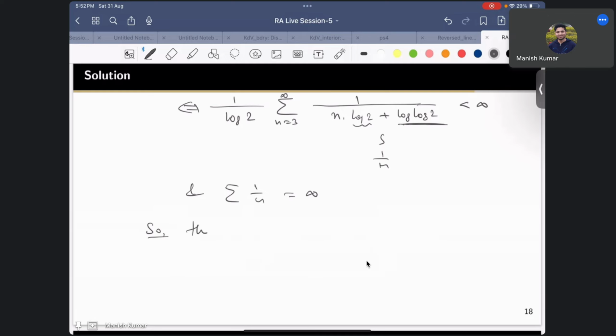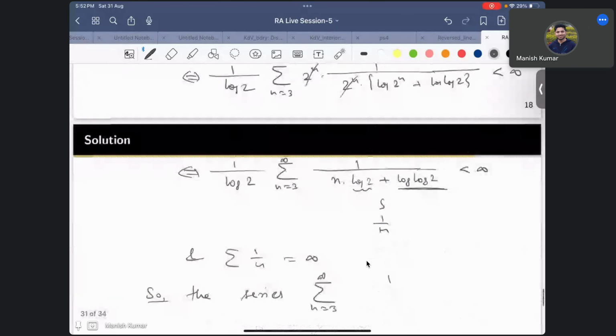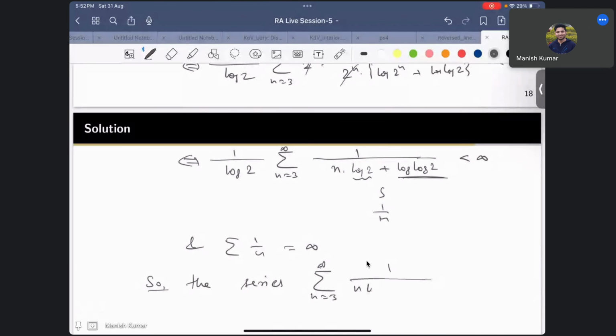So the series summation n equals 3 to infinity of 1 by n log n log log n is divergent. Okay, so this series is divergent.